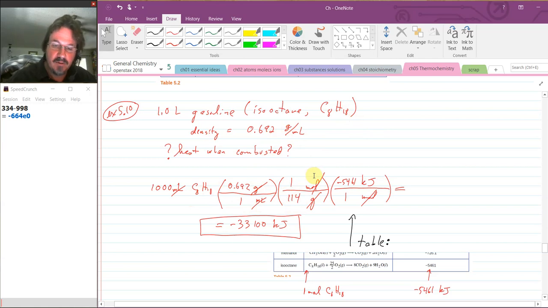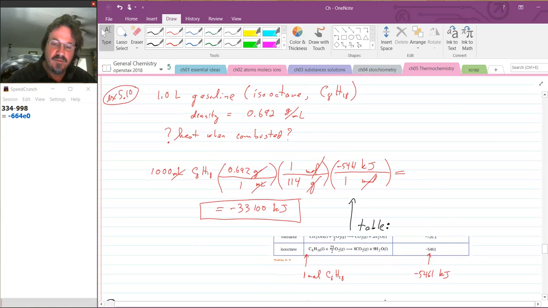And then they said it was negative 5461, and that's per 1 mole of isooctane, because again, remember, that's the reaction as they wrote it. So for every 1 mole, that's down here, right? They wrote that as a 1. If this was moles of oxygen, I would have to have a 25 halves down here, but they've got a 1 here, so that's why I put a 1 down here.